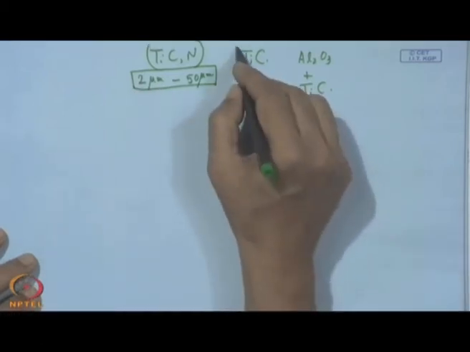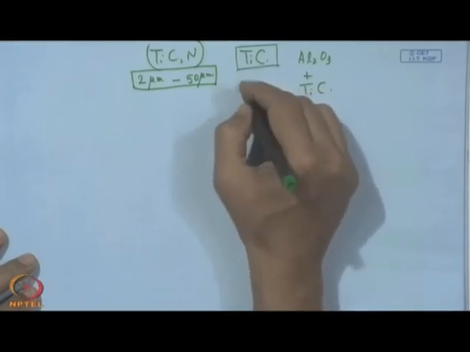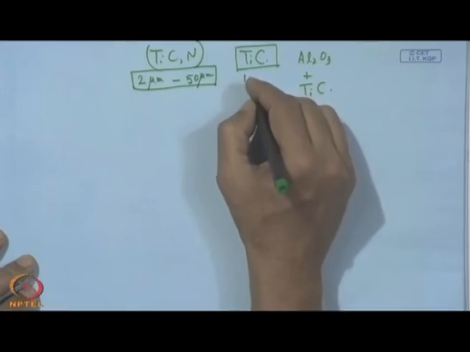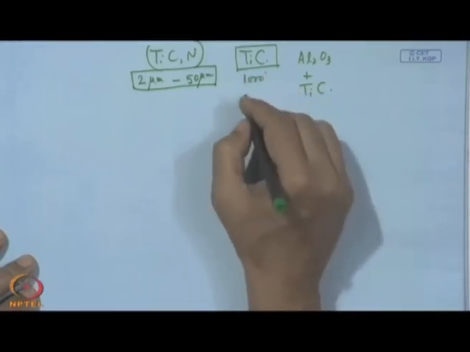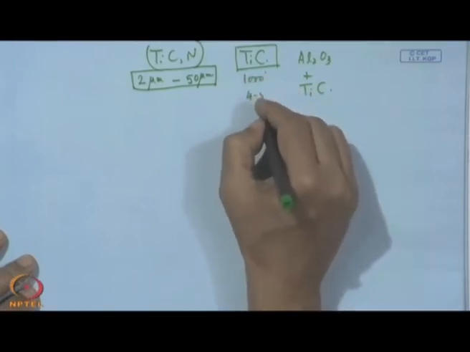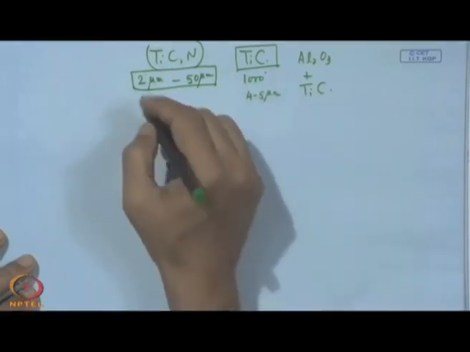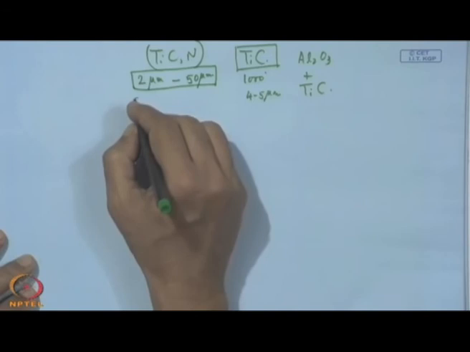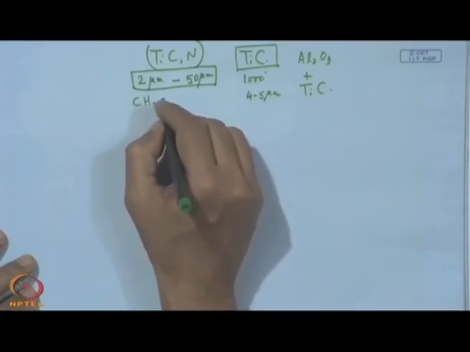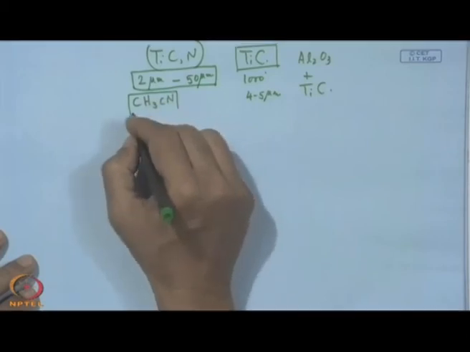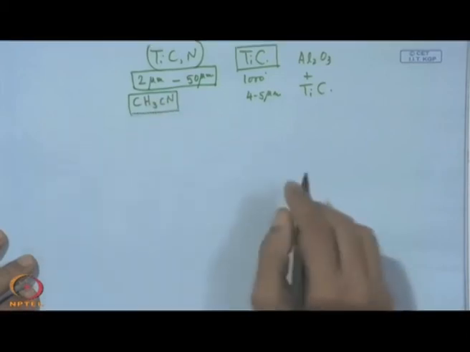Now, the conventional TiC coating, which we normally deposit at 1000 degrees, is 4 to 5 micron, and this TiCN has been deposited using acetonitrile as the source of carbon and nitrogen.